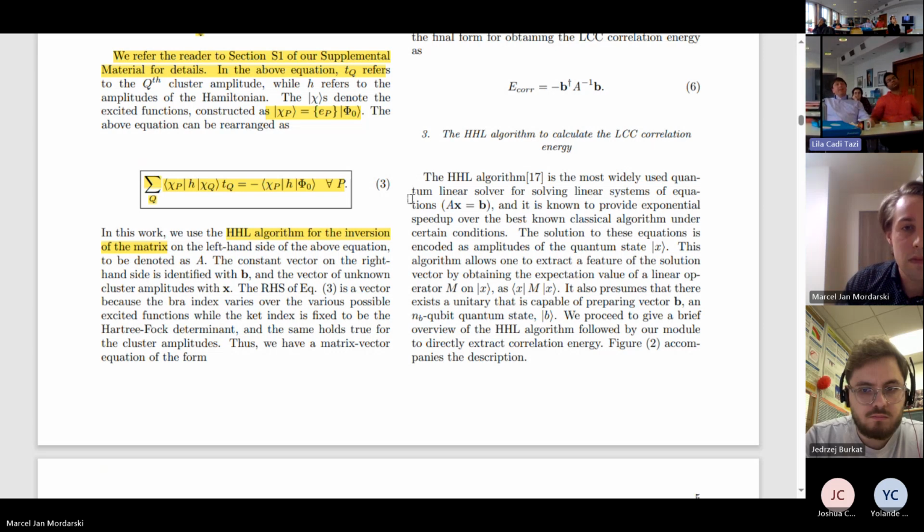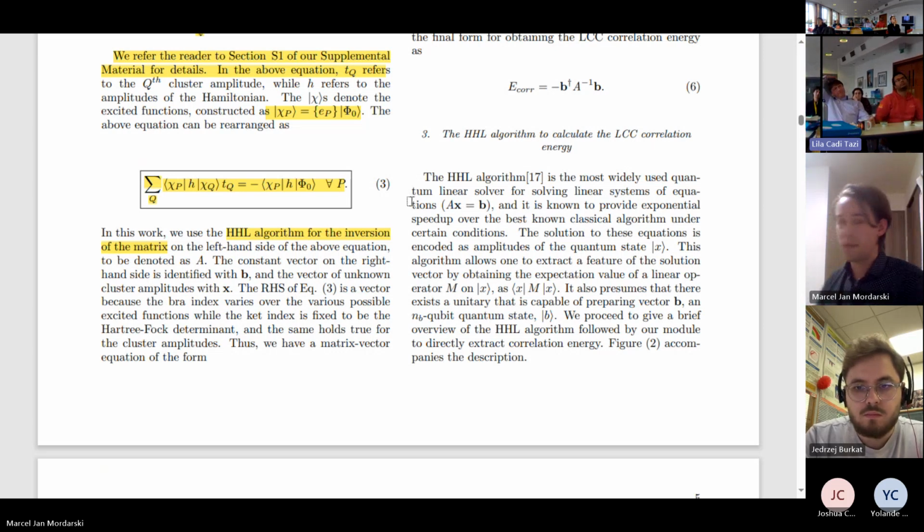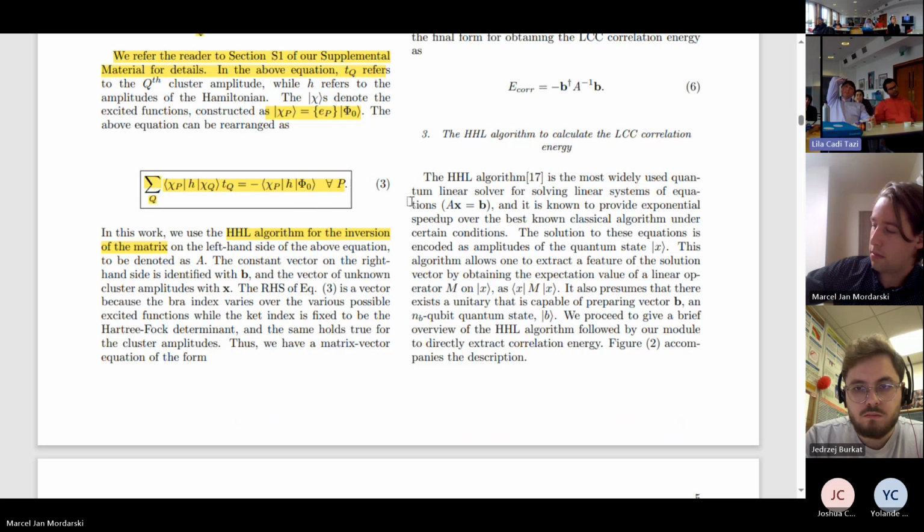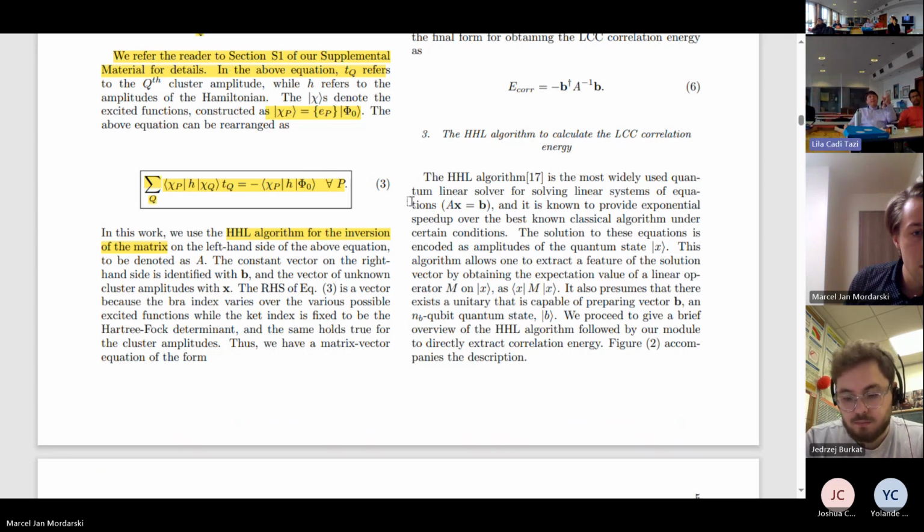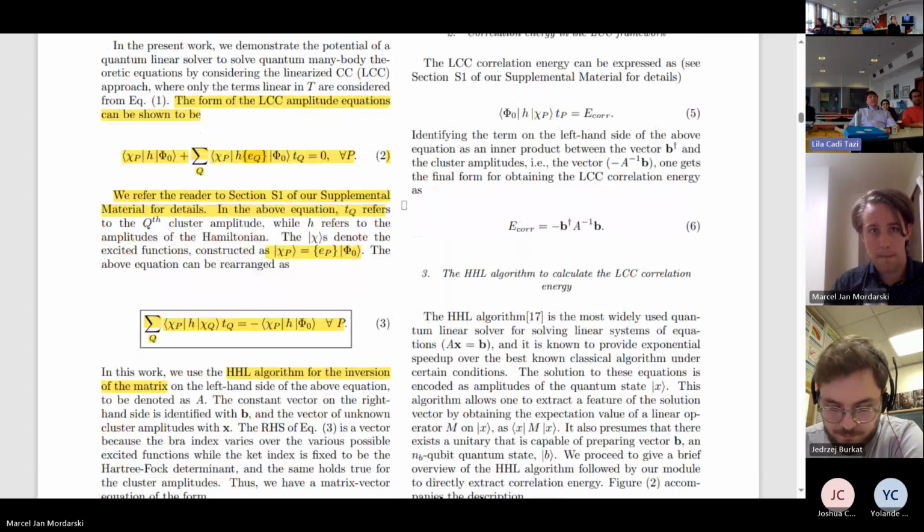I mean, as the linearized coupled cluster. I wasn't entirely sure. This almost looks like a CI equation at this point. Linearized coupled cluster is configuration interaction? What does the linear refer to in this case? Like first order interaction. Marcel, can you just go up to equation 2 because it sort of tries to do something there.